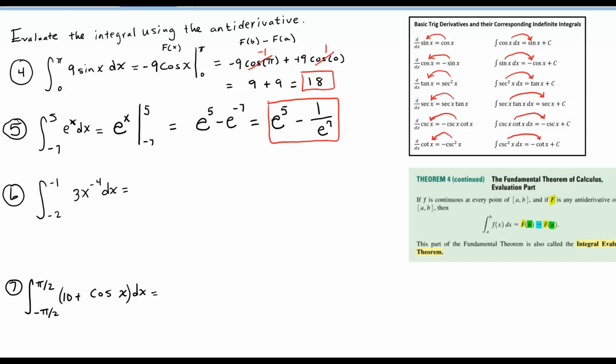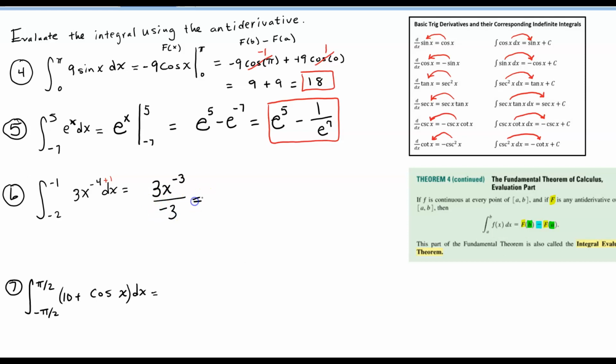All right, so we've got this next one, and this one is nice. It's kind of just a regular algebraic function. We take the antiderivative with the power rule. So in this case, I'm going to have 3x to the negative 4, and I'm going to say plus 1, because remember, you always add 1 when you take the antiderivative. That gives me a negative 3, and then I'm going to divide this by negative 3.